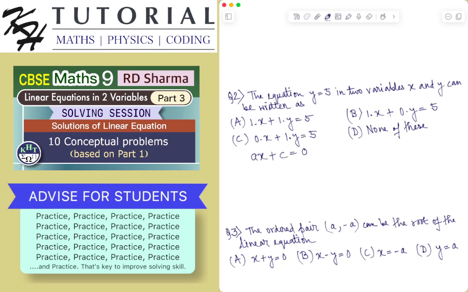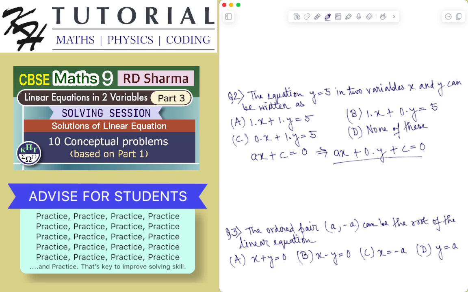So this kind of equation, if you are asked to write it as a linear equation in two variables, I can write it as ax, and for the y, I will write 0 multiplied by y and then plus c is equal to 0. Because 0 multiplied by y will eventually become 0. But in this format, at least I can see the variable y.